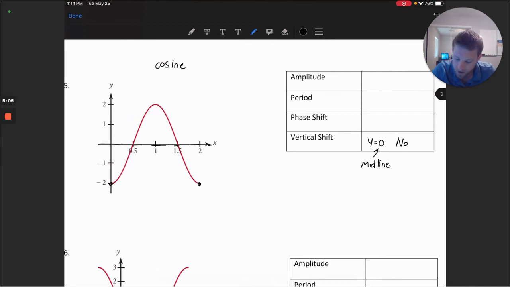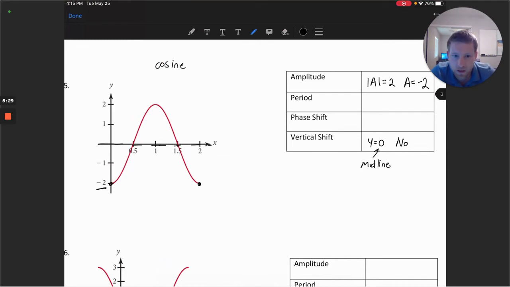Our amplitude A, we notice that the absolute value of A here is going to be 2, but we'll notice that we start at -2, so when we look at the actual A value for this equation, we'll find that to be -2, because we start our graph there for that cosine function.